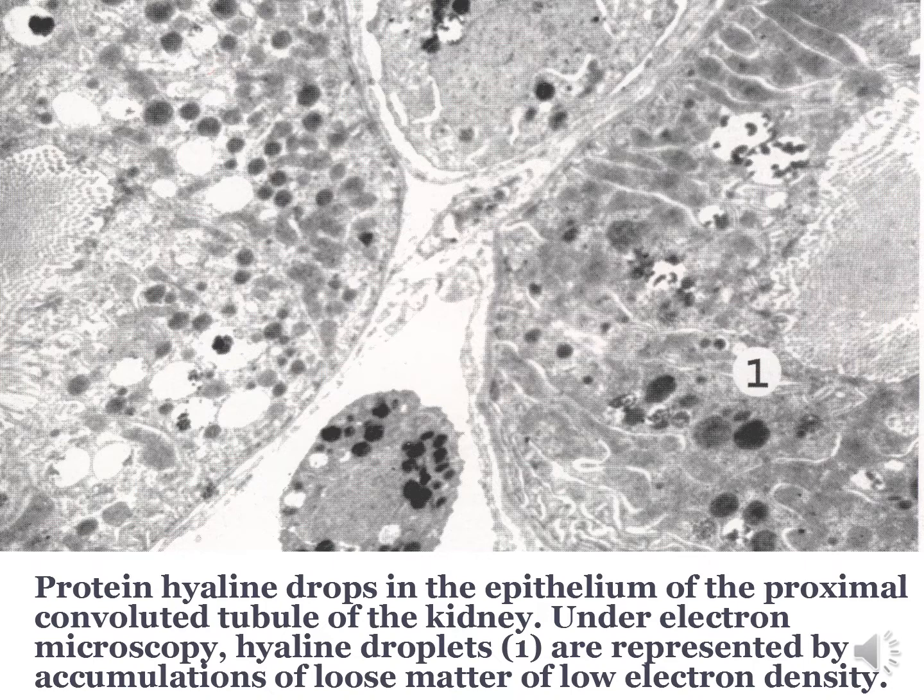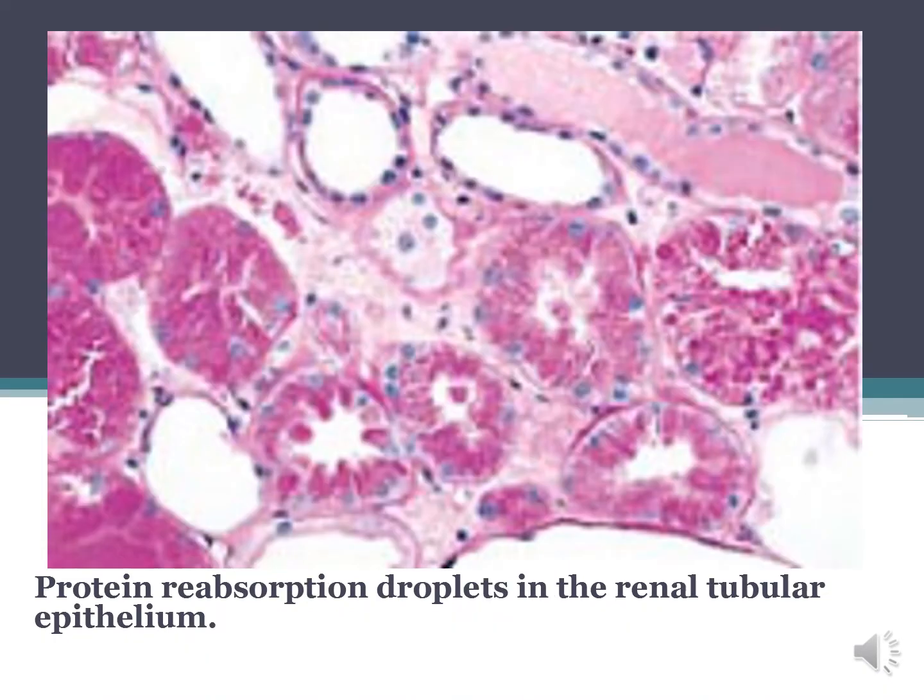Number 1 shows these areas. They are represented by accumulations of loose matter of low electron density. Other picture, but again we see here the droplets in the renal tubular epithelium as a result of reabsorption.